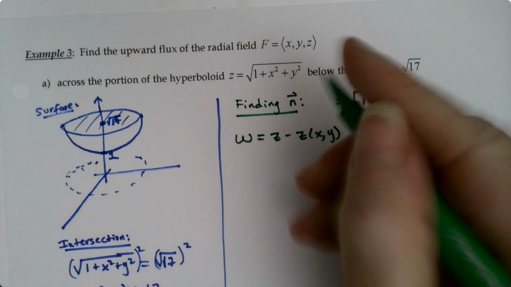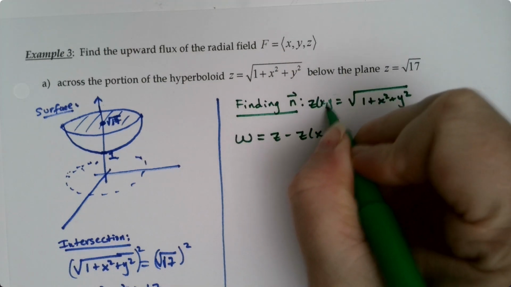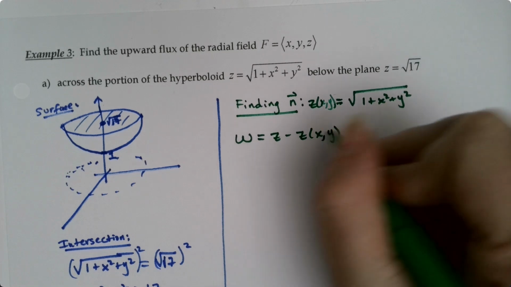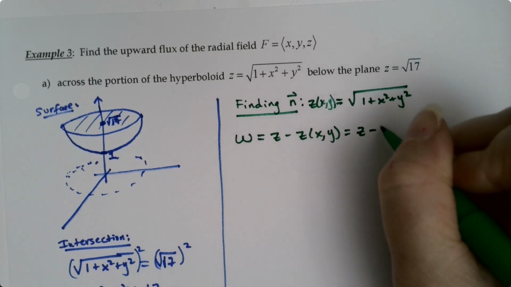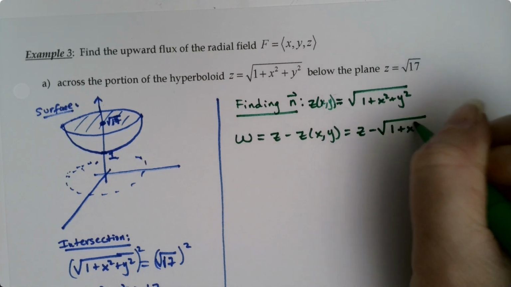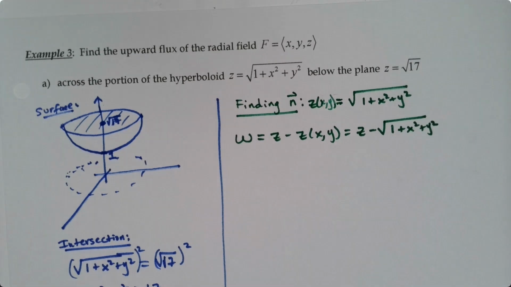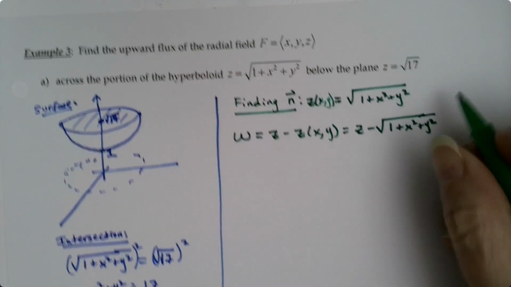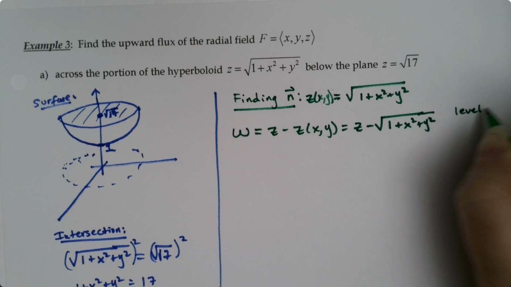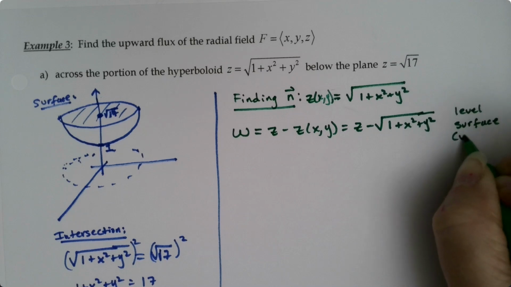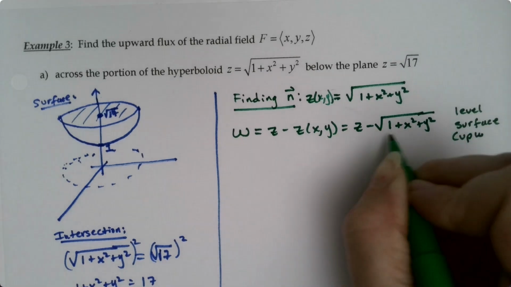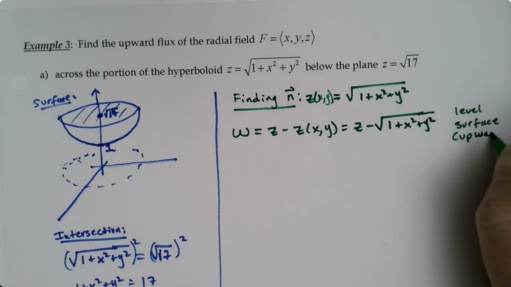That's what I meant to do. So z of xy is right here. So w is z minus the square root of 1 plus x squared plus y squared. This is our level surface. And we chose this one because we wanted upwards. If we wanted downwards, they would have been backwards. The minus z would have been in back.